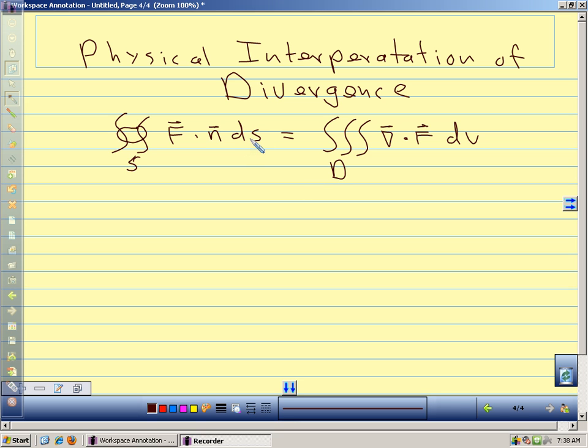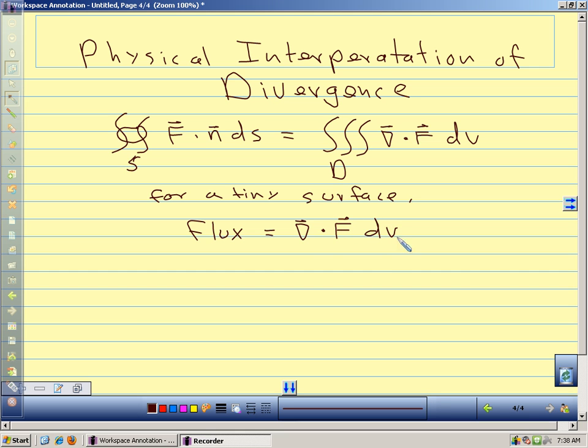So a tiny, tiny, tiny little surface. We're going to say that dS is small enough that we can consider our integrands to be the same. So if we have a tiny surface, this is the flux. The flux is approximately equal to del dot F dV.